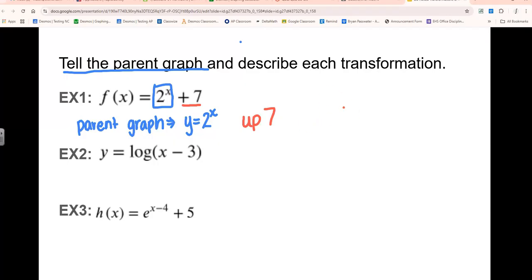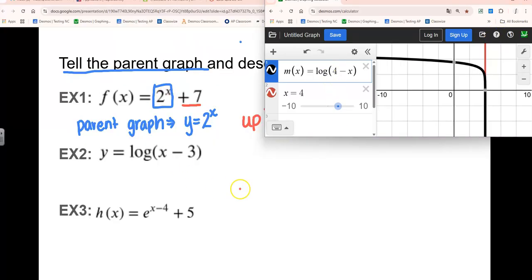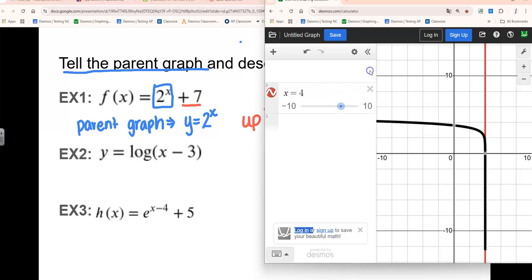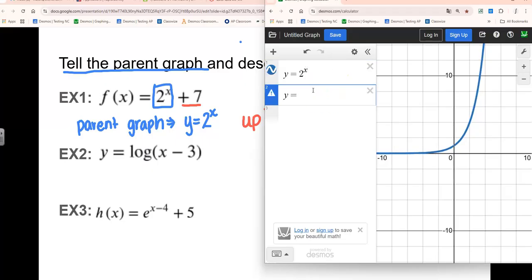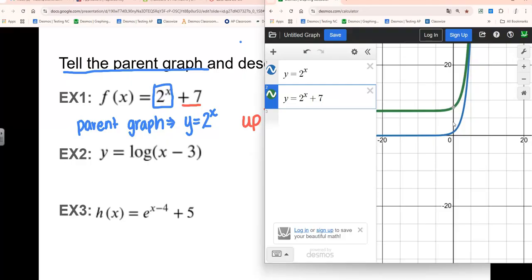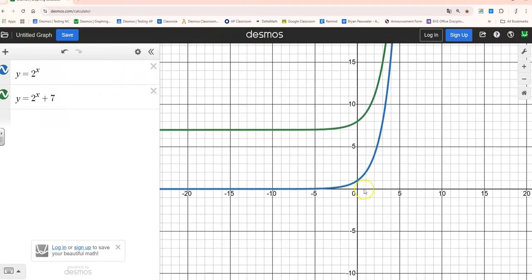So if you're having trouble, you are definitely welcome to use Desmos to help you with that. Here's what you can do. You can do y equals 2 to the x, and then you could do y equals 2 to the x plus 7 and see what it looks like. Sometimes it's a little hard to see. The thing that you could really look at for this is the asymptotes of the graph.